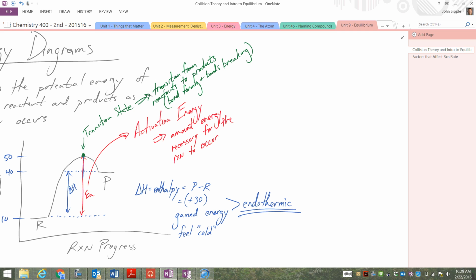Okay, that's essentially what's going on there. So if I have reactants, now I've got products. It's the transition from one to the other. You've got to form some bonds and break some bonds. If you've got enough energy, you get over the hill, you can go from reactants to products.